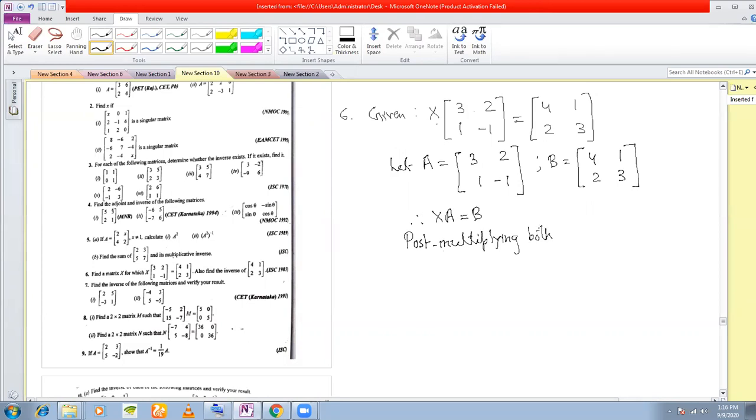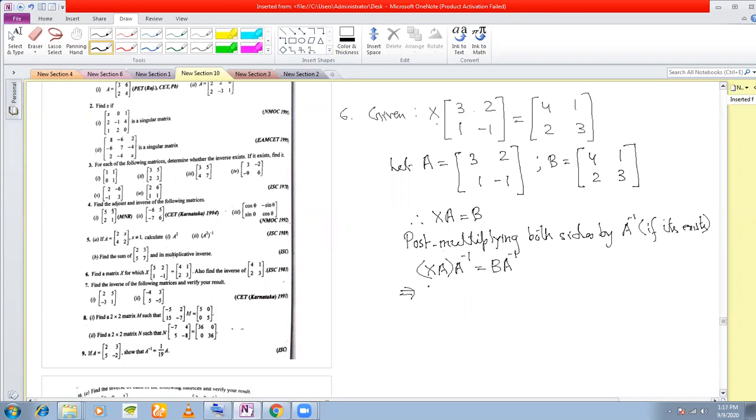Post multiplying both sides by A inverse, if it exists. I haven't checked if it exists, so that is why I'm writing if it exists. Post multiplying means XA into A inverse is equal to B into A inverse.